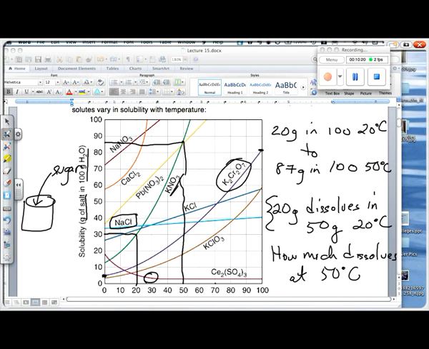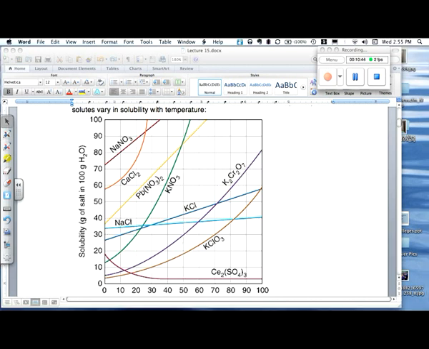So the difference between the solubilities, if you let it sit there and slowly crystallize out, that difference of roughly 82 grams to about 5 grams comes out as little rock crystals. And that's how rock candy is made, but it's a disgusting amount of sugar. Okay, solubility increases with increasing temperature.